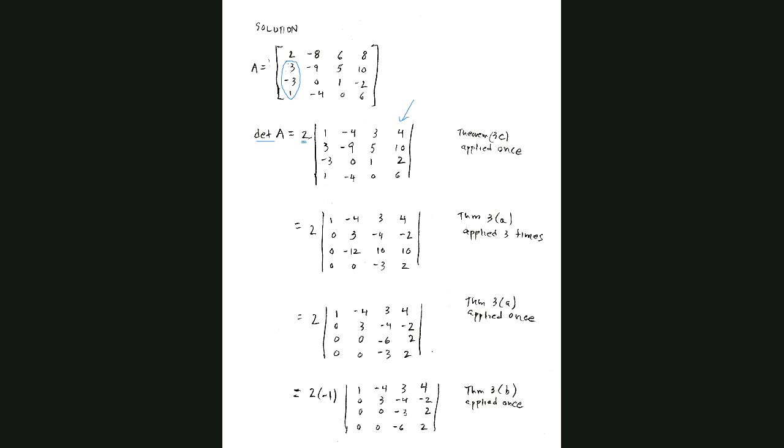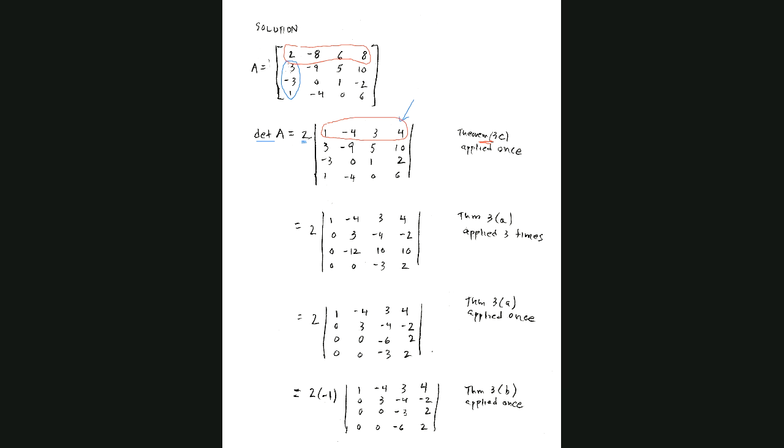And I factored a 2 out essentially from all those, but you really aren't factoring. You're using theorem 3C. You applied it once.